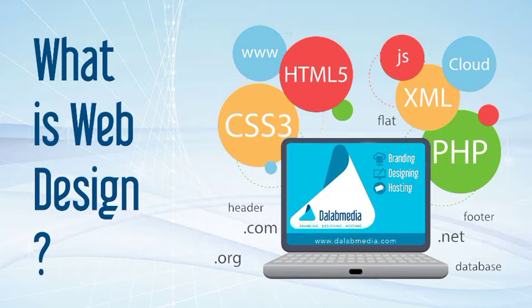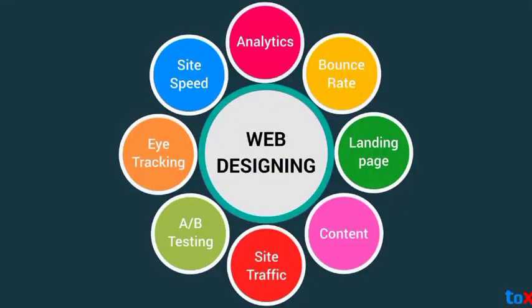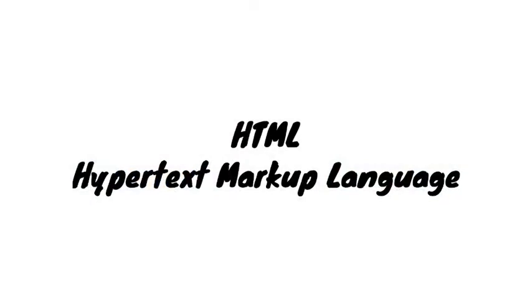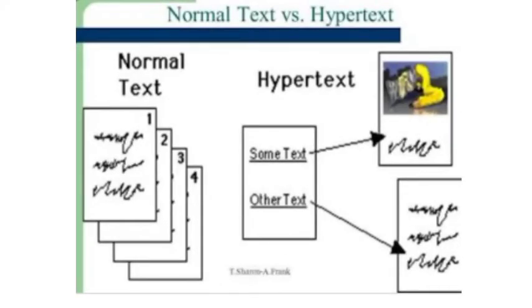Dear children, you have studied to prepare web pages using HTML in your previous classes, right? First of all, I will introduce some HTML tags before you. So, what is HTML? Yes, hypertext markup language. Then, what do you mean by hypertext? Hypertext is a text which contains links to other text.